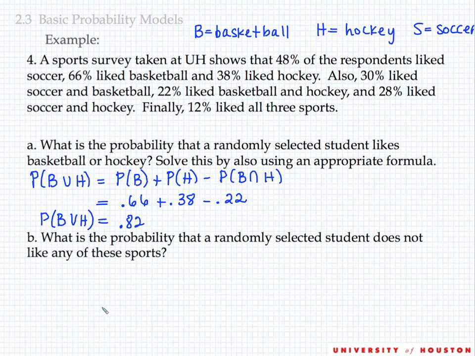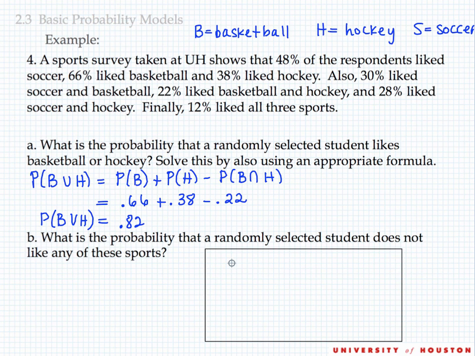Now this is best solved with a Venn diagram. So let's draw a Venn diagram here. We have three different sports, so I'm going to make a rectangle with three circles inside. One for my soccer, one for my basketball, and one for my hockey.